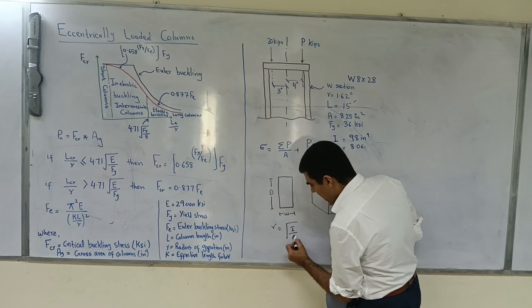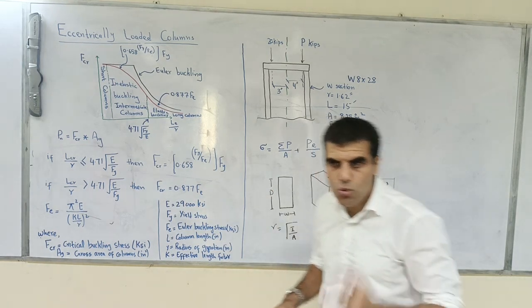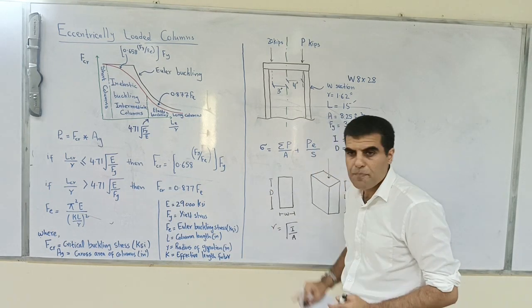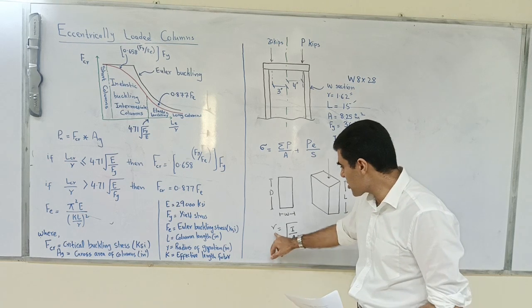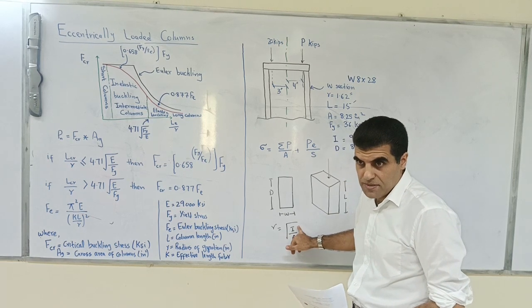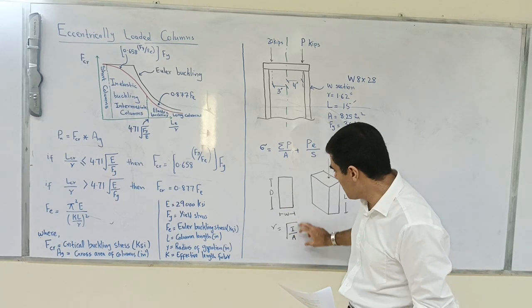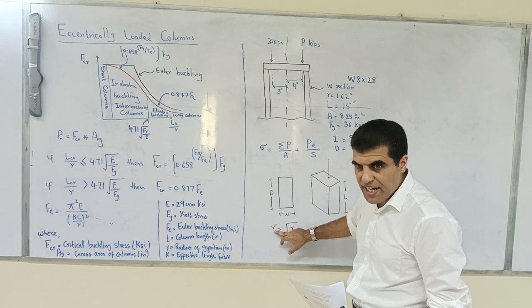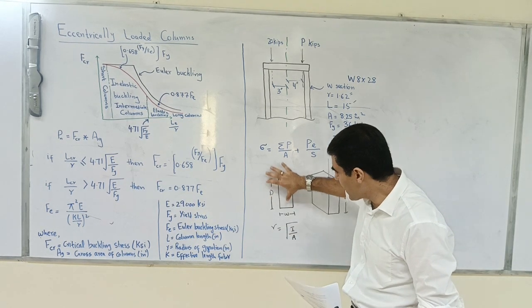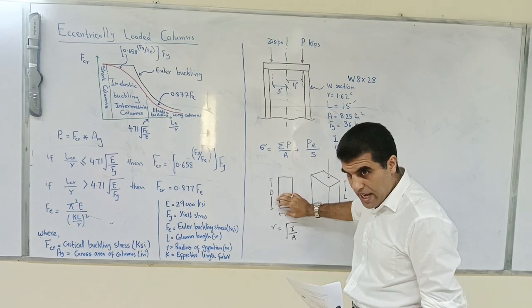So we have area and we have moment of inertia both lumped into one parameter, which is radius of gyration. Radius of gyration is a function of moment of inertia. That's how by using R we are incorporating these two dimensions.